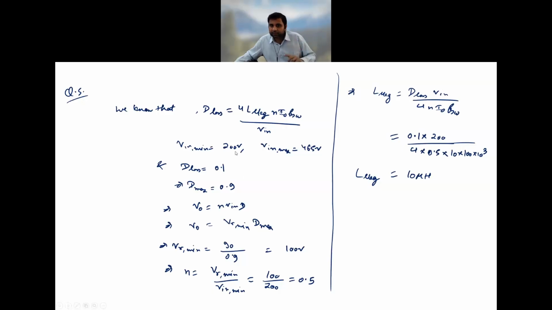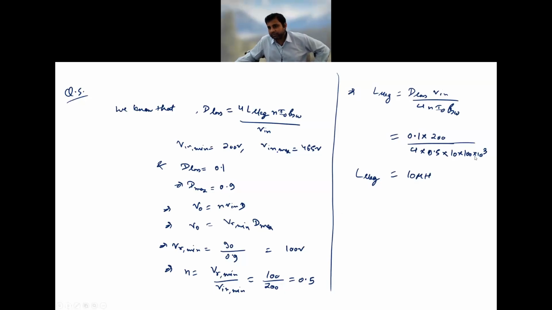Since my input is varying between 200 and 100, we must ensure that for the 200 volt also I should be in a position to generate the 100 volt, and for that we get the turns ratio to be 0.9. When you put that turns ratio in this particular formula, we get it equal to 10 microhenry. We should keep that such that we are able to achieve the required operation of the circuit.